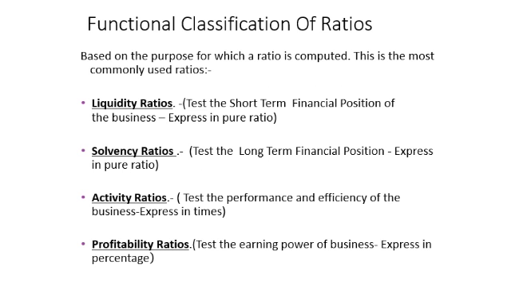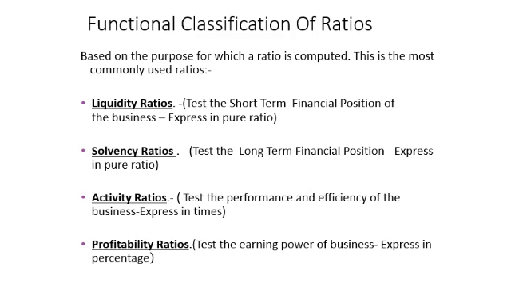Functional classification of ratios is based on four parts. Normally we use these: liquidity ratio, solvency ratio, activity ratios, and profitability ratios. These are the four on the basis of function. Liquidity ratios: with the help of liquidity ratios, the short-term solvency or insolvency position of the business can be derived.